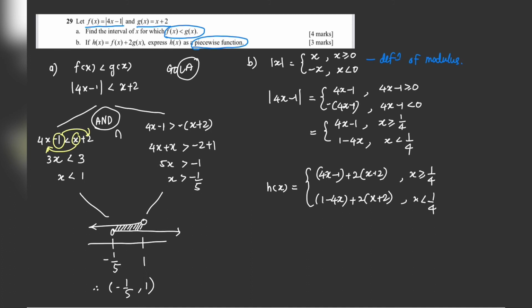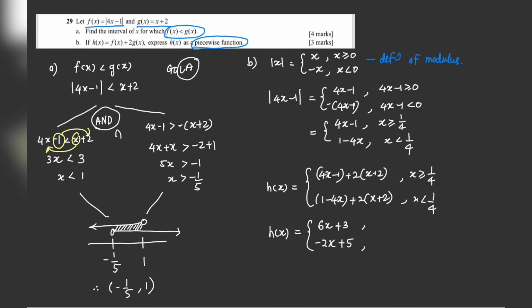Okay. So that means h(x) sekarang akan jadi 4x tambah 2x adalah 6x, negatif 1 tambah 4 dapat positif 3. Ya ke? Okay, betul. And then negative 4x tambah 2x is negative 2x, and 1 plus 4 is 5.